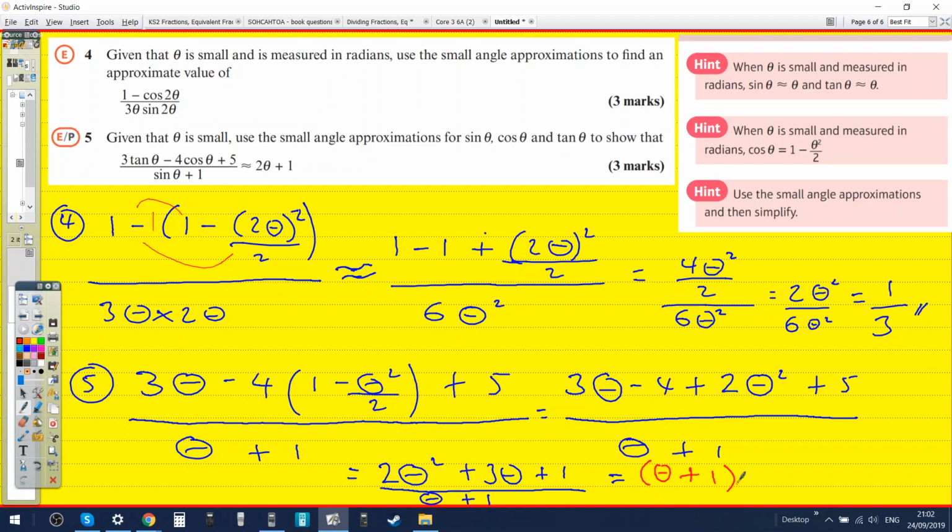So theta plus 1, but we need to get 2 theta. So how else could you end up with an answer of 0.5? 2 times 0.25. Or 2 theta plus 1 again. Yes.